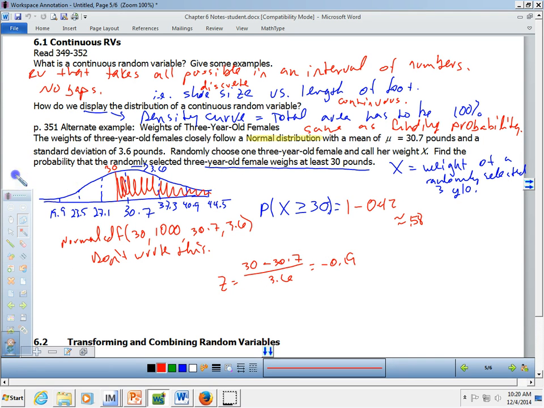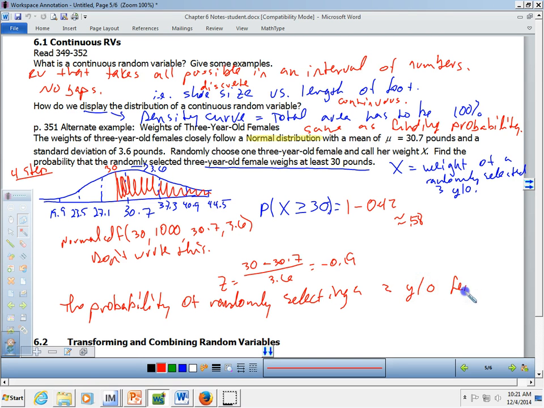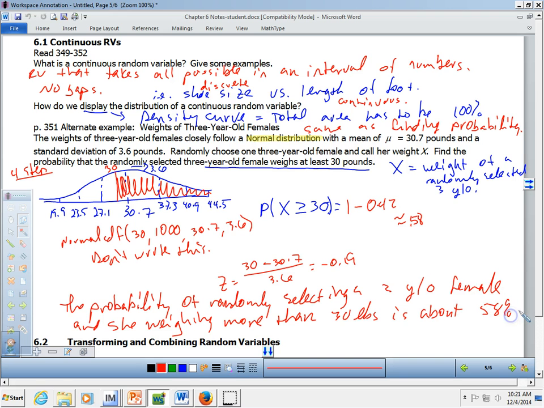So as a conclusion here, and this is sort of your 4-step process, this whole thing. The probability of randomly selecting a 3-year-old female and she weighing more than 30 pounds is about, don't forget your about or approximately, 58%.